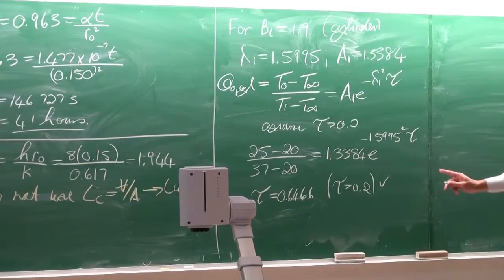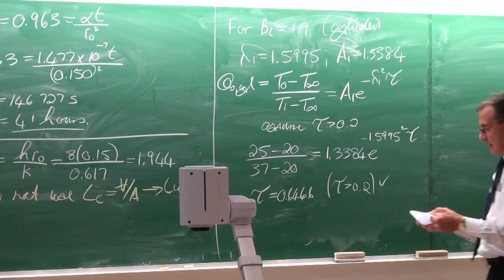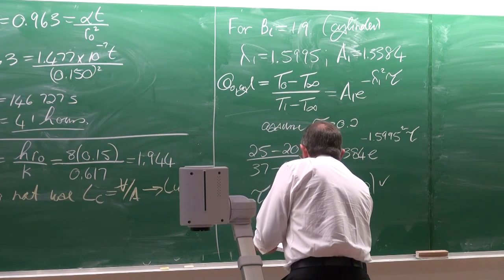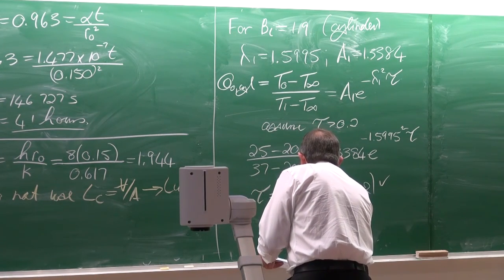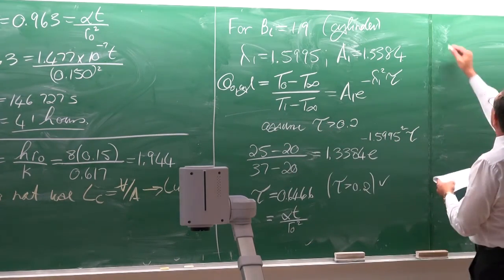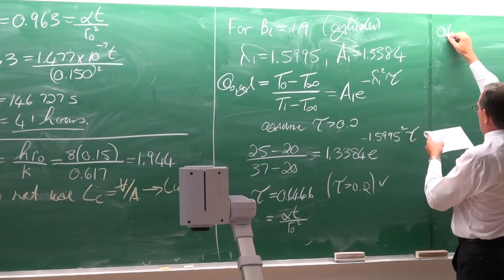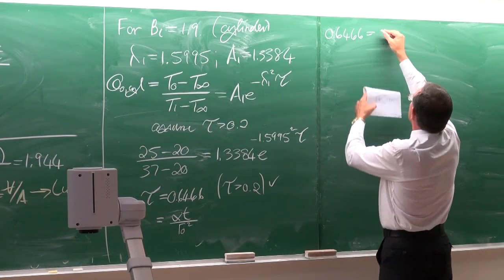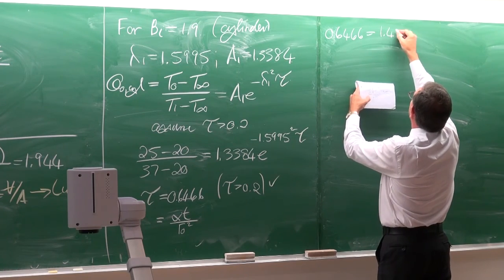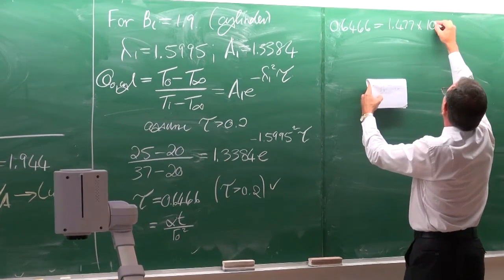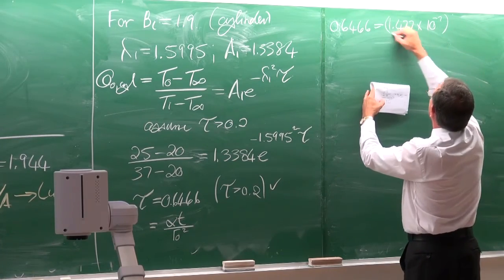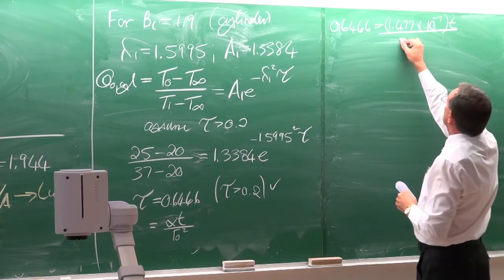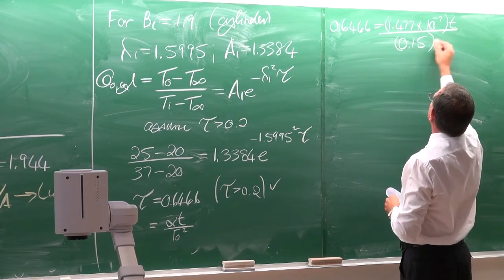So we are fine with the first term approach, and tau is equal to alpha t divided by R0 squared. So 0.6466 is equal to alpha, which is 1.477 multiplied by 10 to the minus 7, multiplied by t, divided by the radius, which is equal to 150 millimeters squared.